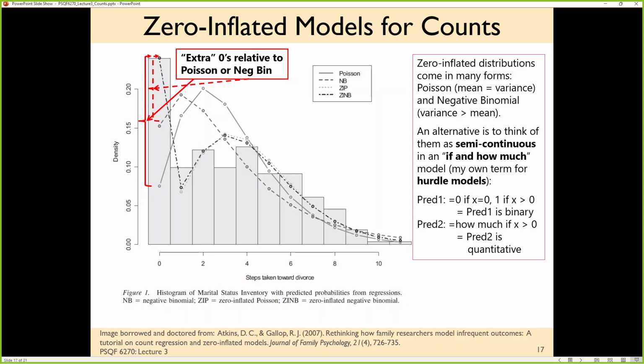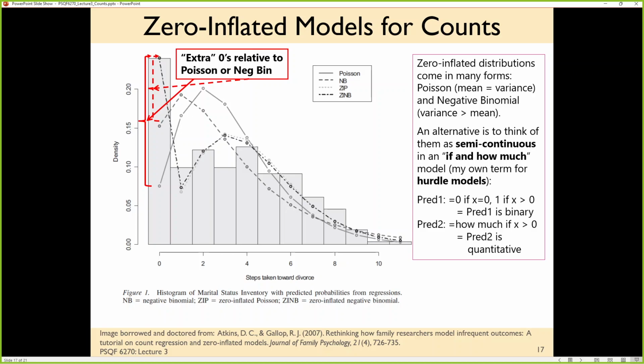The steps towards divorce is inferring a population that's heading in that direction, and the question is, how far on that road are you? Whereas some of the people saying zero, you could ask them every single day of their entire life and their answer would still be zero. Hi, honey. So then the question is, how do you want to model that? And there are different choices for what you do with the zeros for zero inflation. But this is the kind of picture that would lend itself to it.